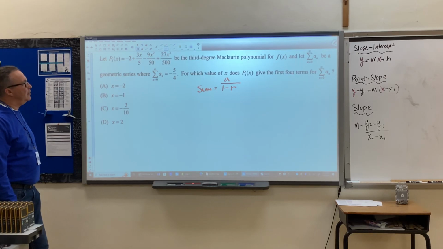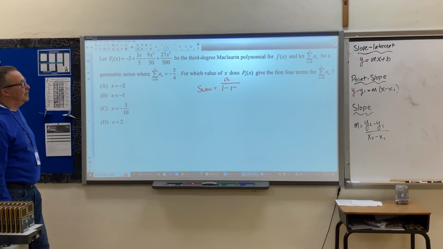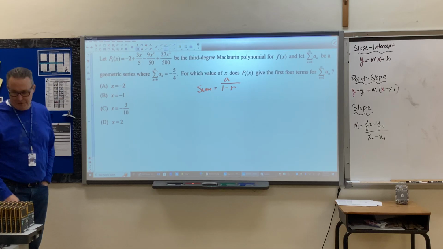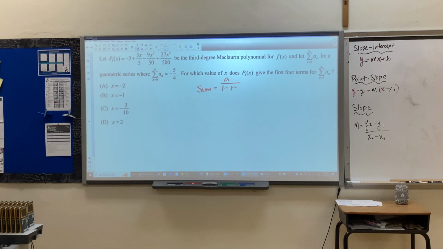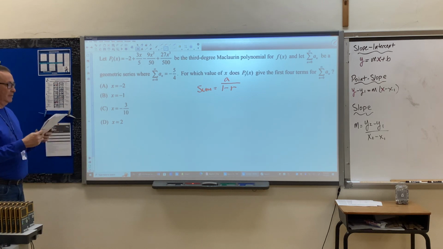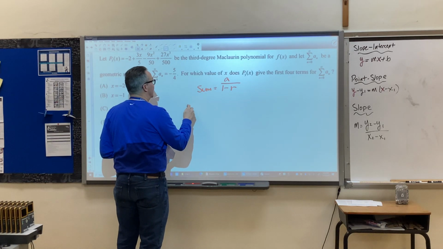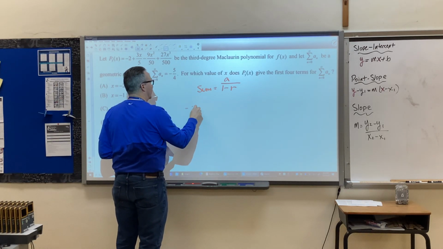I don't even know what the question is saying, for which value of x does the 3-term Maclaurin polynomial give the first 4 terms. I do know that I had to find r. We know the first term is -2, and we know the sum is -5.